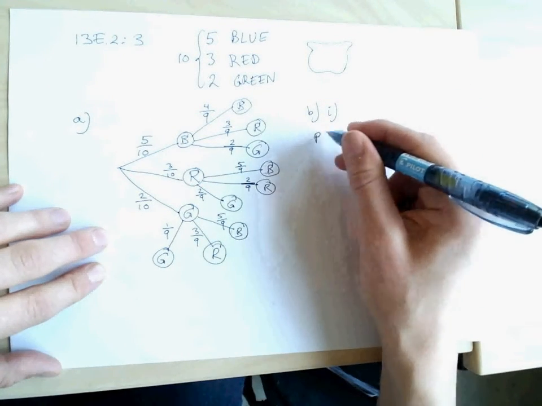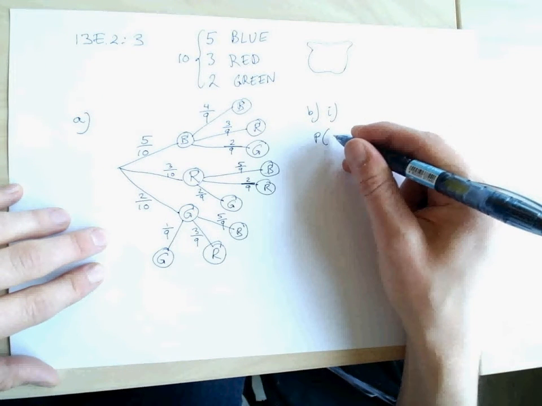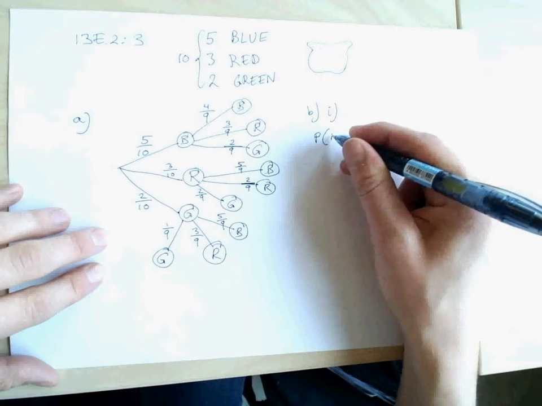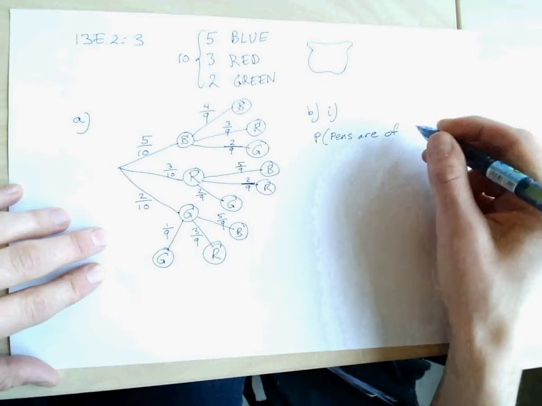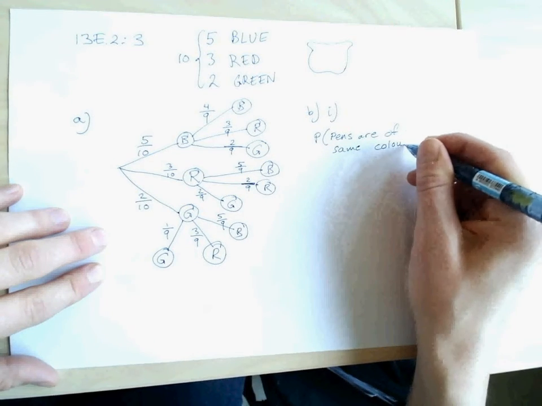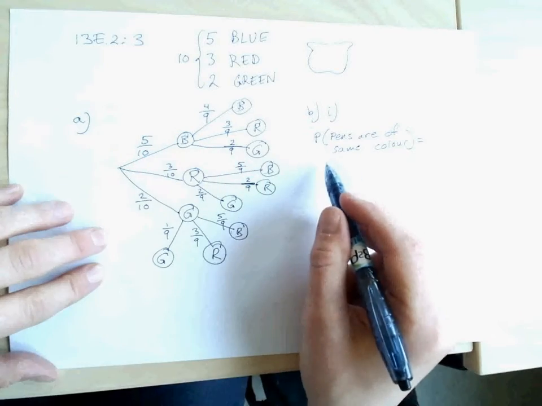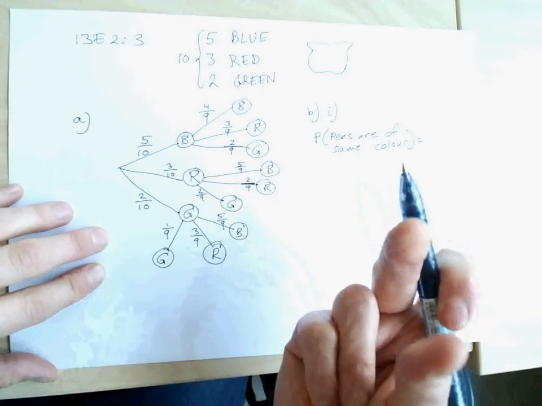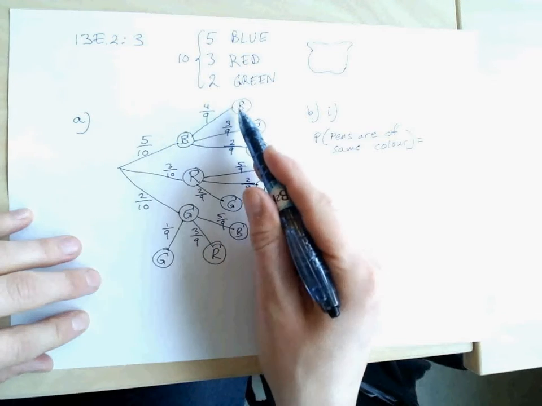In the B question, you should find the probability that the 2 selected pens are of the same color. So what is the probability that the 2 pens I pick are of the same color? Well, I could go either blue-blue.